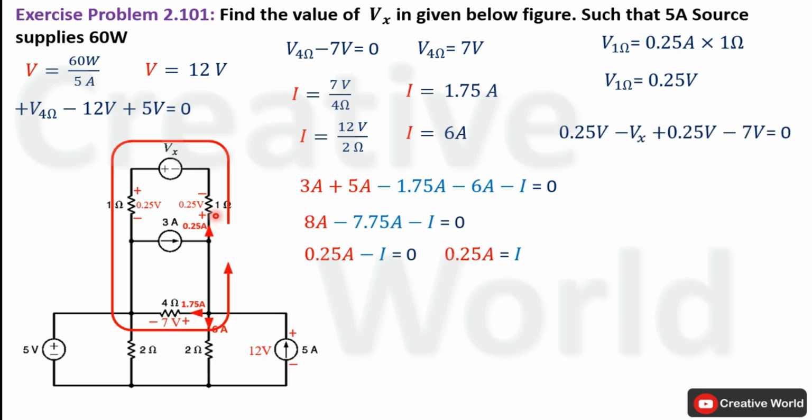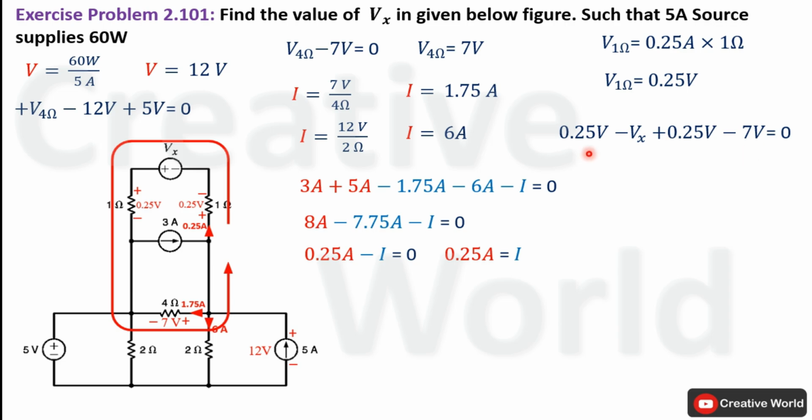Start from here. Current entering terminal is positive, so 0.25 volt is taken with positive sign. Next current entering terminal is negative, so Vx is taken with negative sign. Next current entering terminal is positive, so 0.25 volt is taken with positive sign, and at the end current entering terminal is negative, so 7 volt will be taken with negative sign.